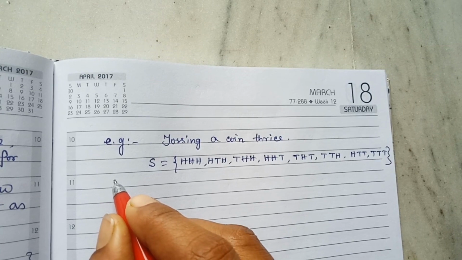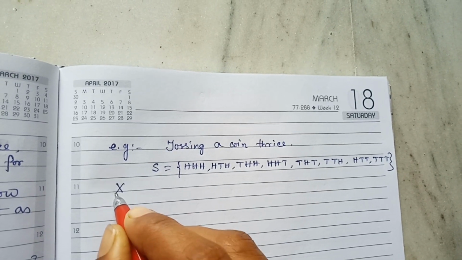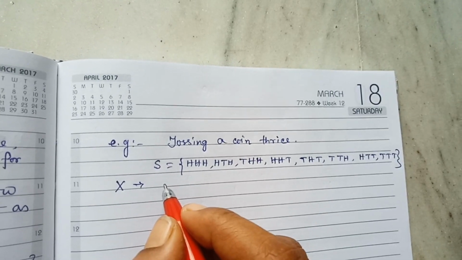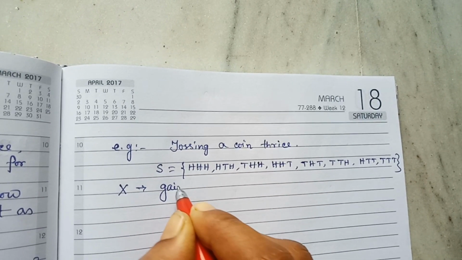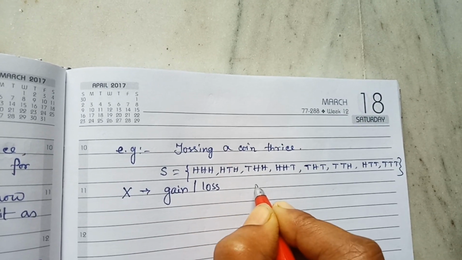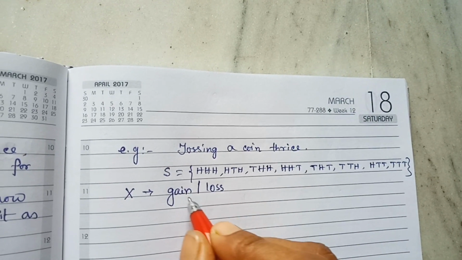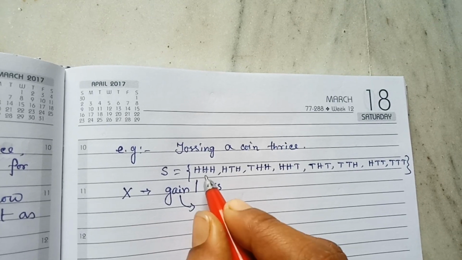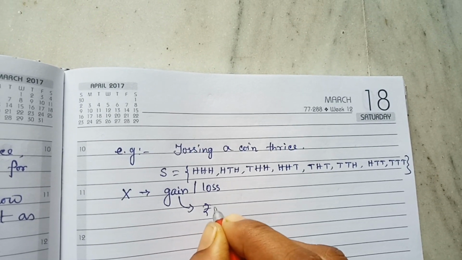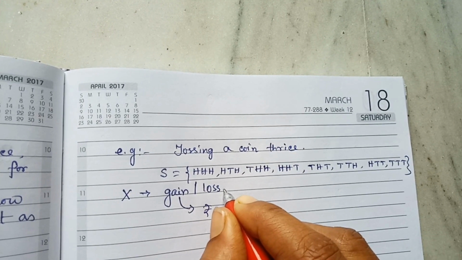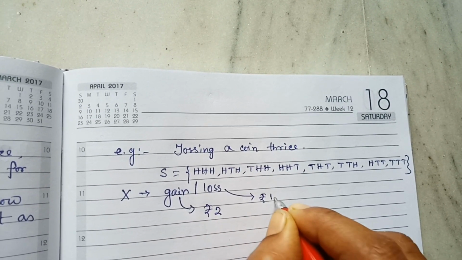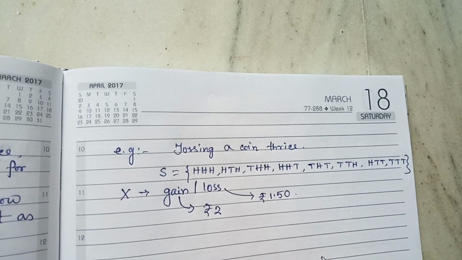Now suppose we are assigning a variable which denotes the gaining amount, gain or loss, by a person. Okay, gain means for each head the person gains ₹2, and for each tail the person loses ₹1.50.